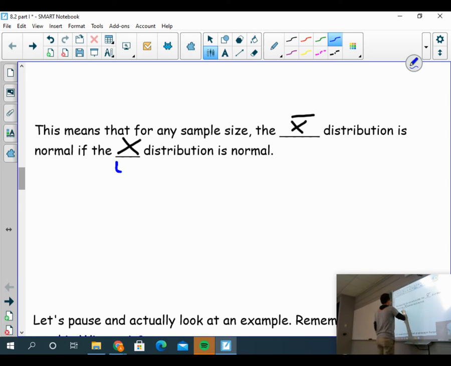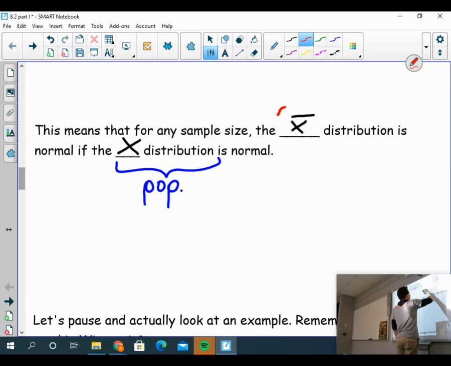Okay, when you read these symbols, know that the X distribution refers to the population and the X bar distribution refers to the distribution of sample means.